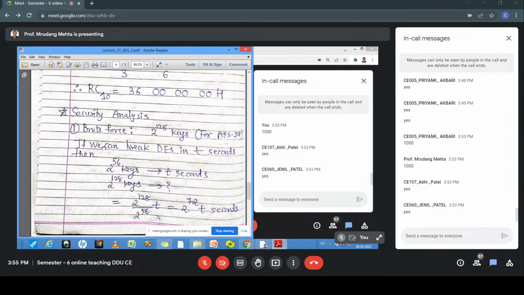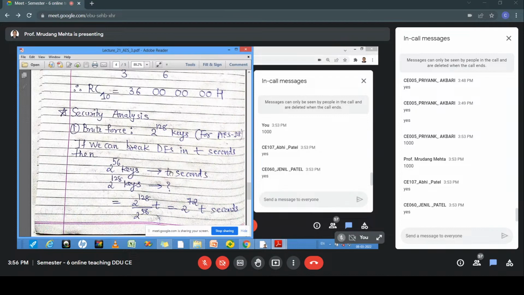But suppose we can break DES in T seconds. Although DES itself is difficult to break because DES uses a 56-bit key, suppose we are able to crack DES in T seconds, and let's say T equals 1 second. So DES takes 2 raised to 56 keys in T seconds, T equal to 1.